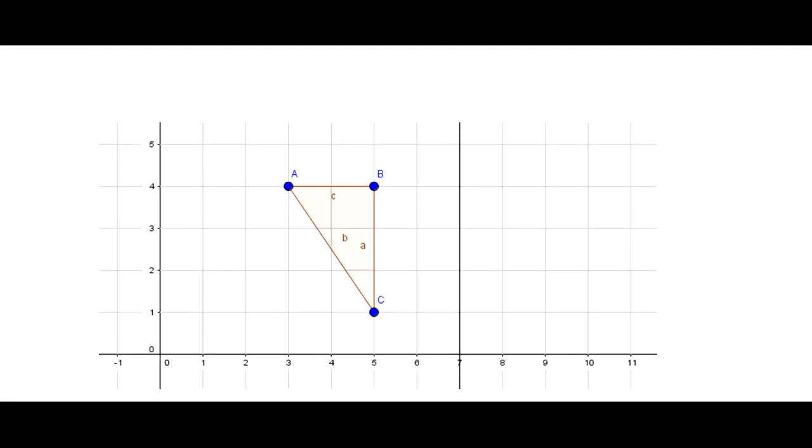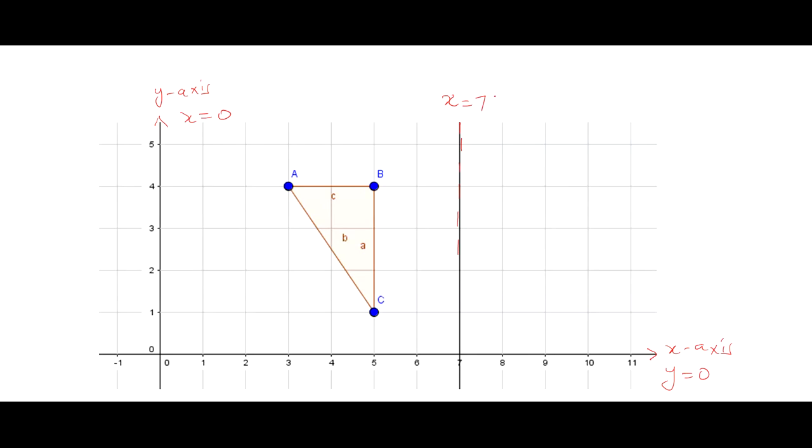Okay, so we have a triangle A, B, and C. This is our x-axis, and I'm going to say it again, it's also the line y is equal to 0. This is our y-axis, and it's also the line x equal to 0. This vertical line here is the line x equal to 7.